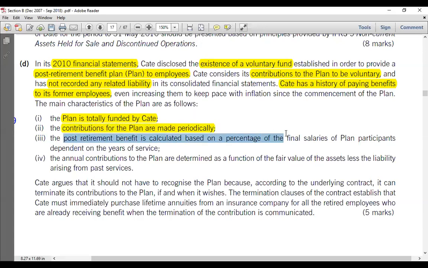Post-retirement benefit is calculated based on a percentage of the final salaries of the plan participants. So the benefit is not based on the plan asset, rather it is based on a predefined formula. Normally in such cases we call it a defined benefit plan, because whether this amount is there in the plan asset or not, we actually have to pay that. So apparently it feels that this should be a defined benefit plan.